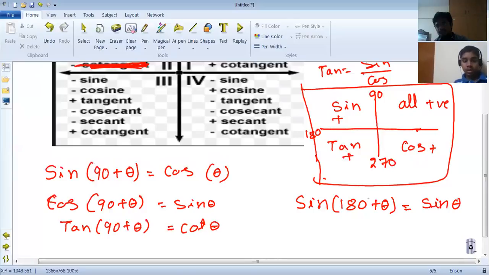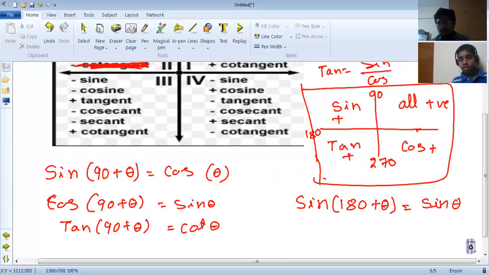180 plus theta, not minus theta, plus. If you are adding 180 plus something, like 181, which quadrant will you get? Second, third or fourth? Third quadrant.